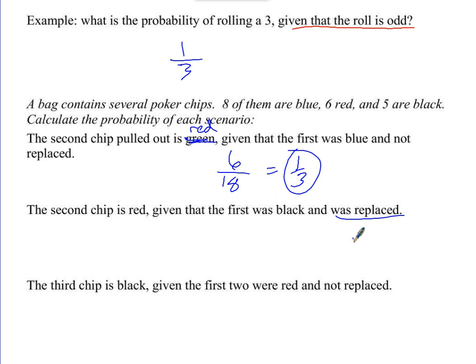From the first pull to the second pull, do the probabilities change? No. So therefore, what is my probability? 6 red chips in the bag, 19 chips in the bag. There's your answer.